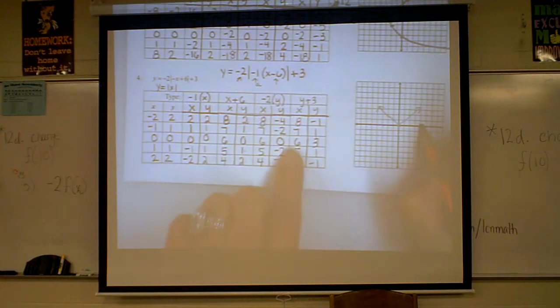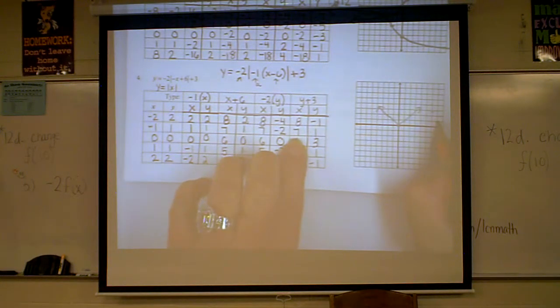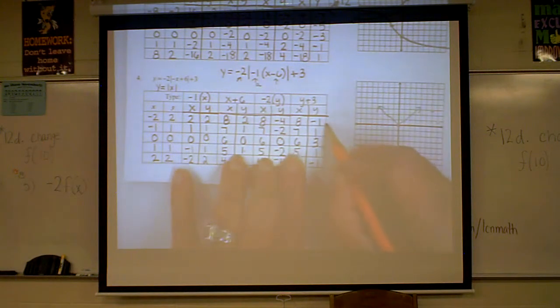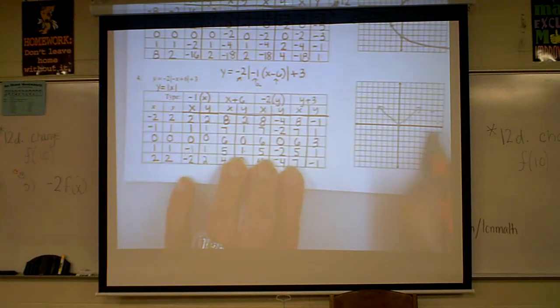Then we have 7, 1. And we have 6, 3 was our vertex. We had 8, negative 1. This is 8, negative 1. Then we have 5, 1. And we have 7, negative 1.